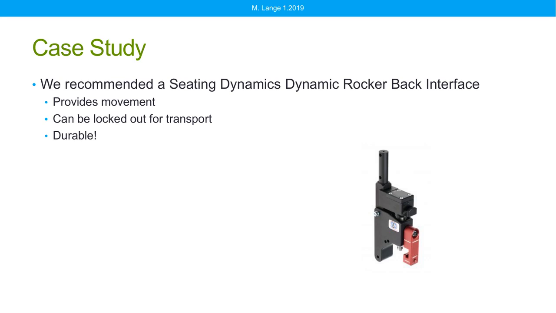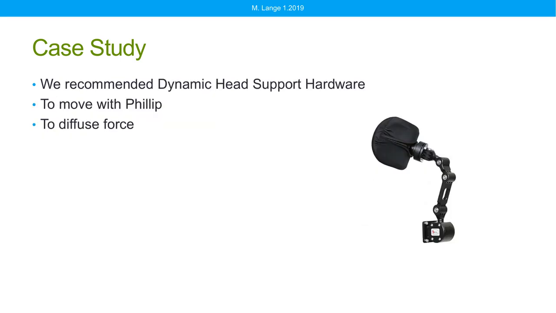So we recommended for Philip a Seating Dynamics dynamic rocker back interface because it tends to be more durable than the one he was using, and it could be locked out for transport, and that was something that needed to occur where he was at as well. And it provided that movement he was so desperately looking for.